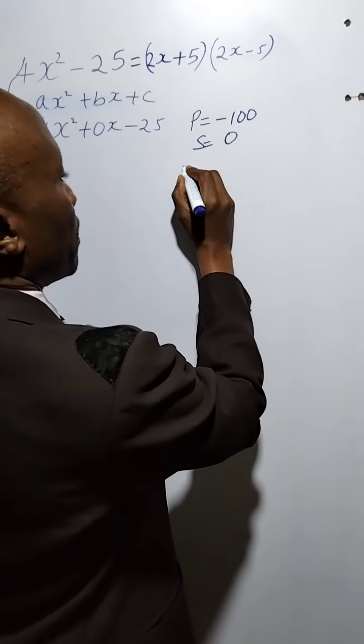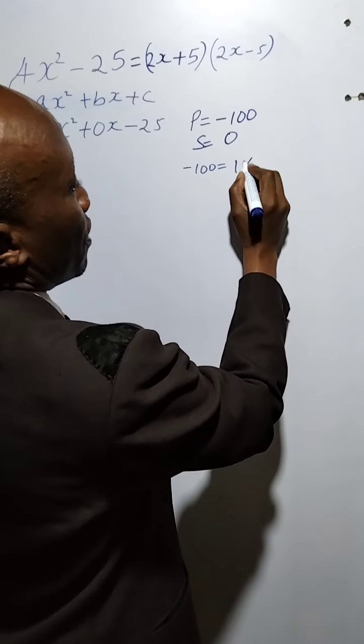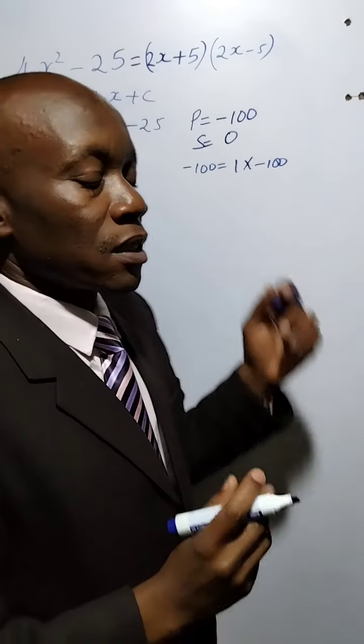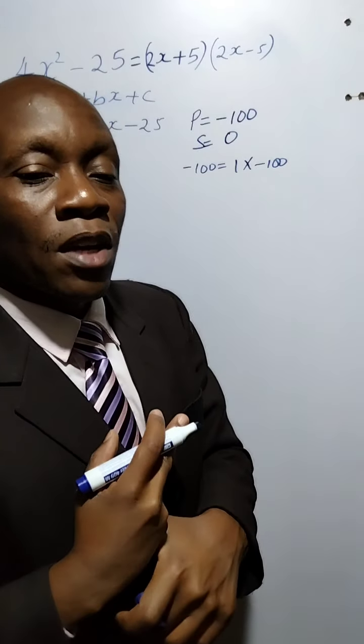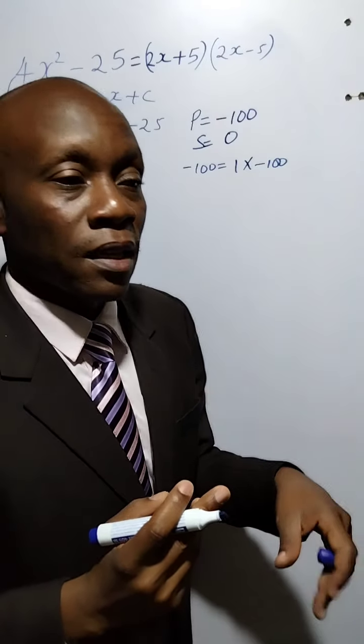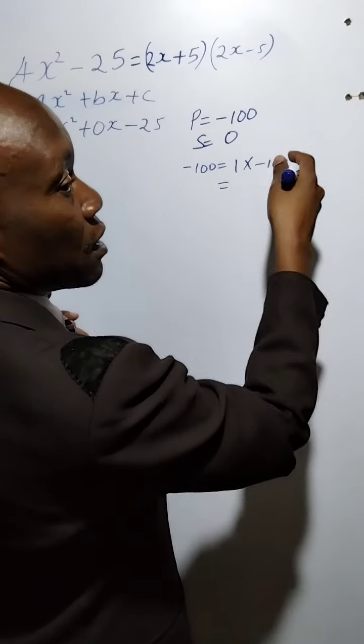So let's list the pairs of numbers that you can multiply to get negative 100. Negative 100 can be gotten by 1 times negative 100. Remember, for you to get a negative product, you must be multiplying a negative number and a positive number. It does not matter whether the negative comes first or later. So I've decided to have the negatives in the second number.